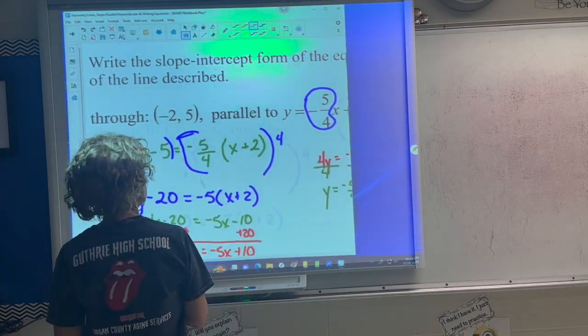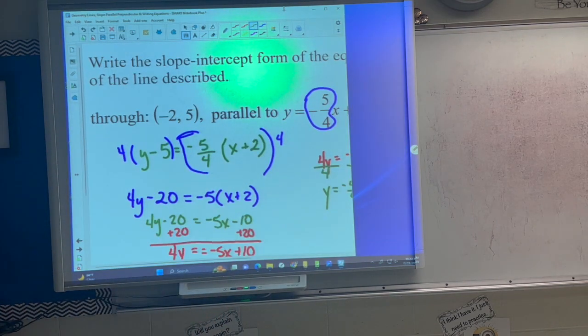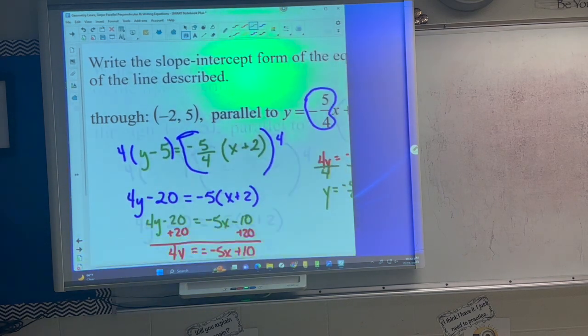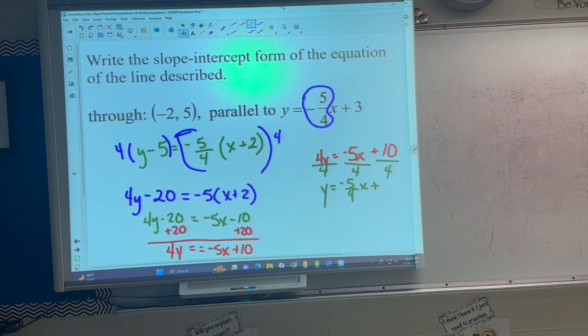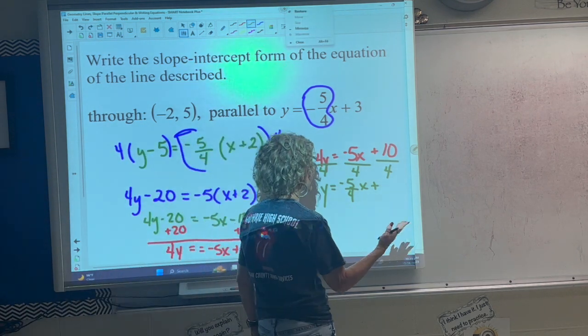Okay, what happened here? 10 over 4. 4 doesn't go into 10 nice and pretty. 10 is not divisible by 4. Okay, we would have a remainder, but we can reduce, and I want you guys to work with improper fractions, okay?